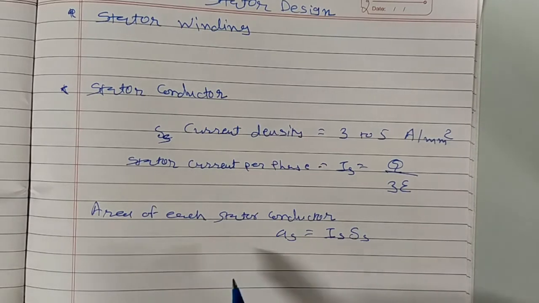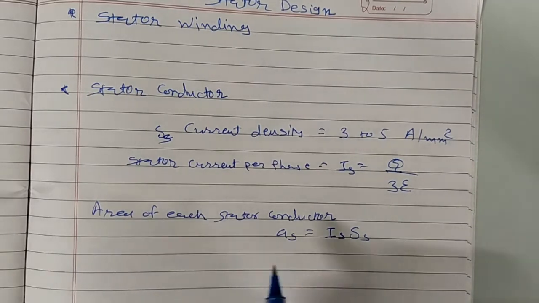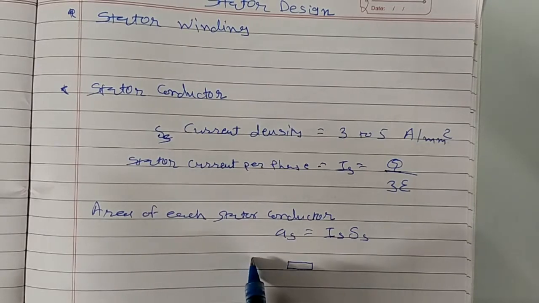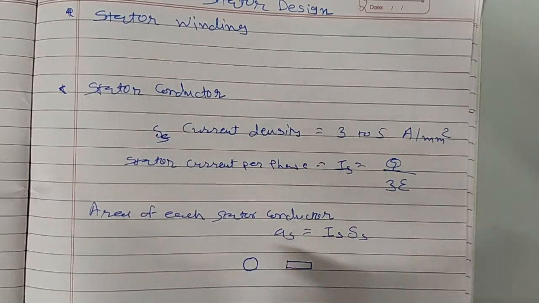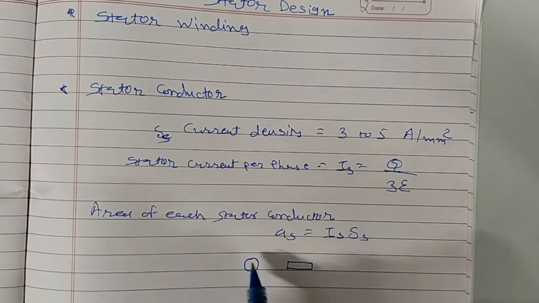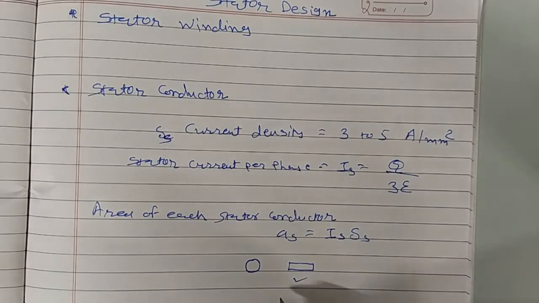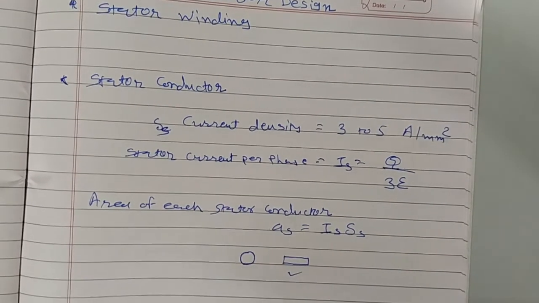So we do not prefer a circular conductor if the current rating is very high. Generally we can go for this type of cross sectional area of the conductor. Because if you take circular for a high current, then the area requirement will be high. So better we go for a strip type or this rectangular type of cross section of the conductor. So this is the case with the stator conductor.